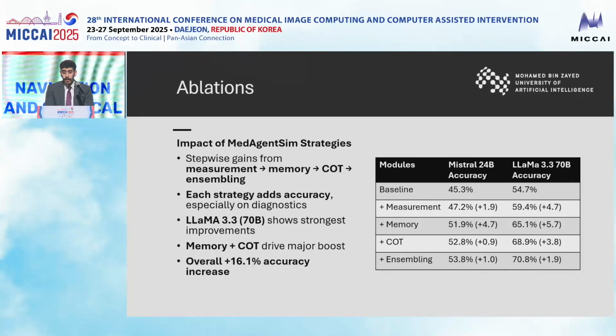Finally, when we add ensembling on top of all the previous components, we see the best results. So the key point here is that these improvements are cumulative. Each stage builds on the last. For example, when using Llama 3.3 as the backend LLM, accuracy rises from a baseline of 54.7% to 70.8% when the full pipeline is applied. That's an overall accuracy gain of more than 16%.